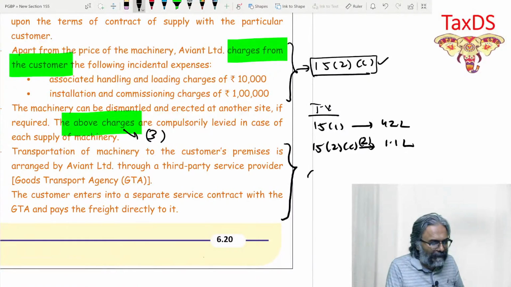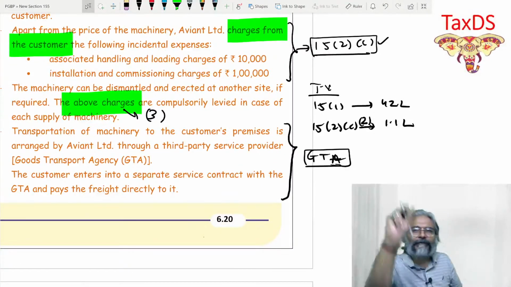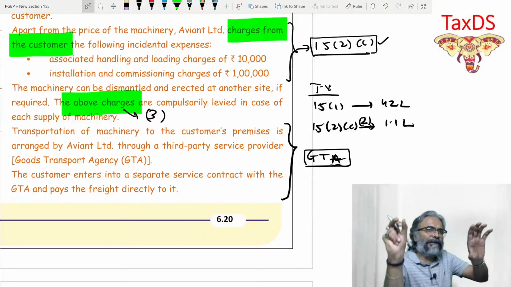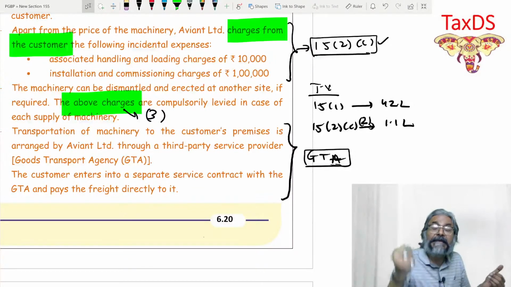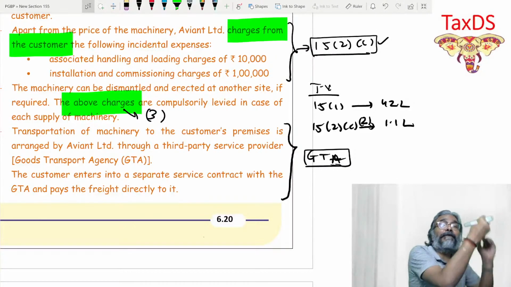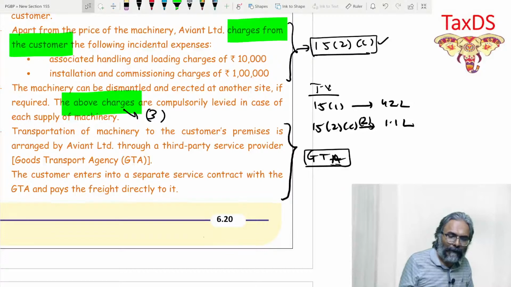Now comes your GTA, students. Check for GTA now, whether GTA can qualify in any one of the additions of 15.2. That is what we have to see. Please check. Let's have a look.